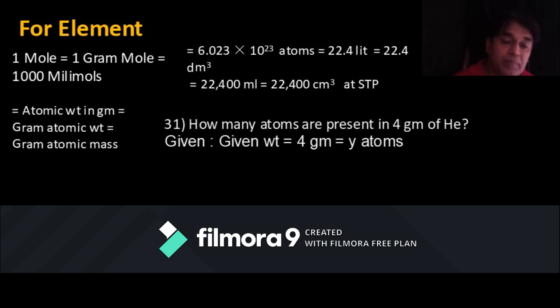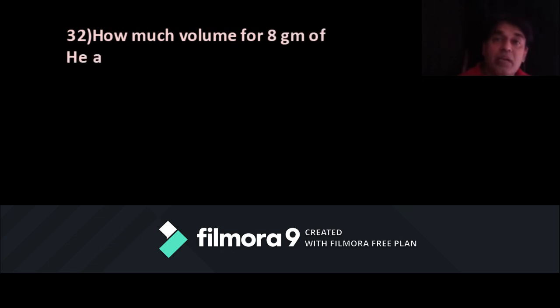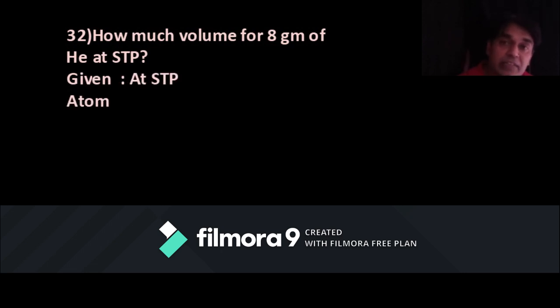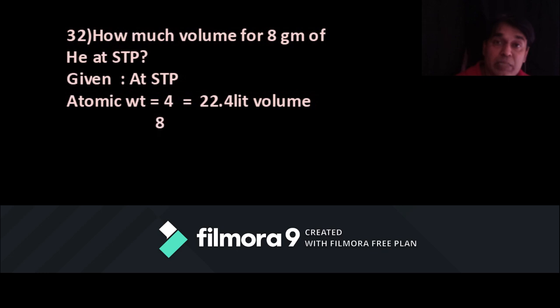The next example: how much volume do 8 grams of helium occupy at STP condition? STP means standard temperature pressure condition. The atomic weight corresponds to 22.4 liters volume at STP condition, and 8 grams corresponds to Y as the volume. Hence, this can be easily solved by cross multiplication.